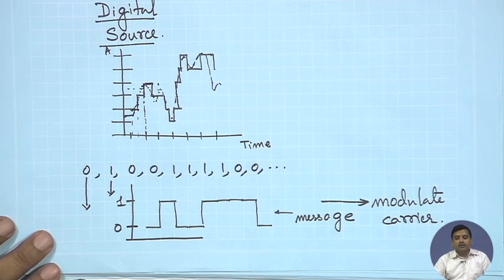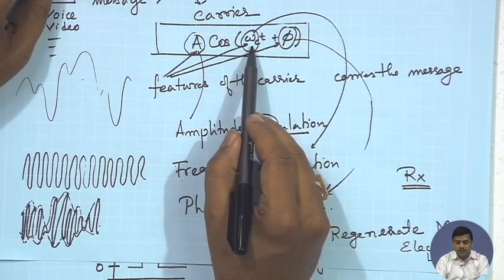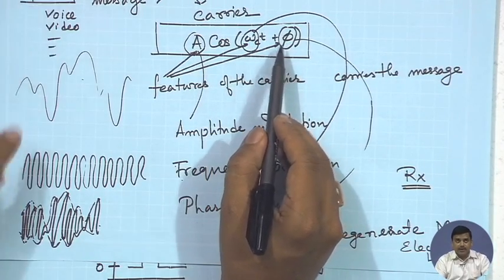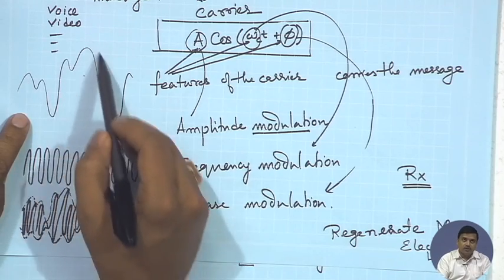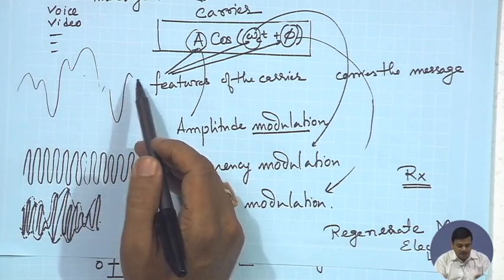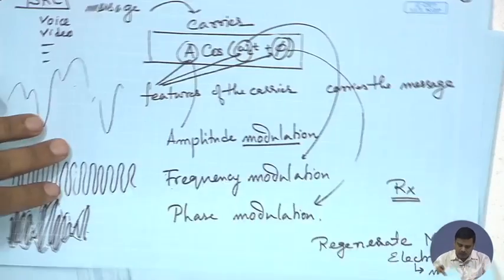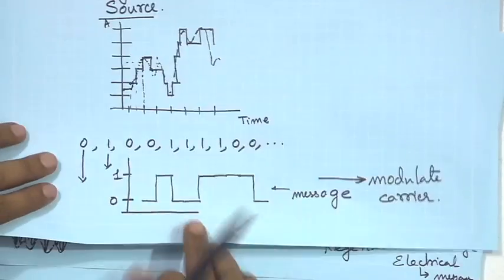When I modulate the carrier, I could modulate the amplitude, I could modulate the frequency, I could modulate the phase. Instead of having a continuous waveform, now I will simply say my input waveform is as simple as this particular shape.